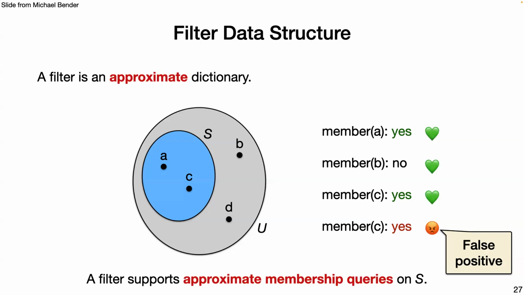So it may give you false positives. It might tell you that D is actually a member of your data structure when it is actually not. So you may have errors, rather than an exact dictionary where you know for sure whether your element is in it or not. And so you get approximate membership queries with some probabilistic guarantee. Filters have one-sided errors, so you can get false positives, but you can't get false negatives.